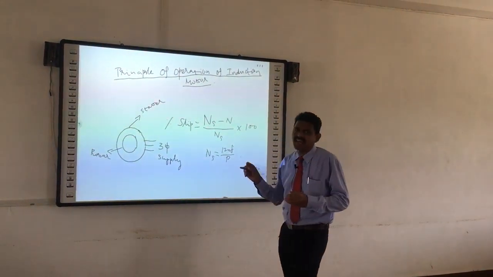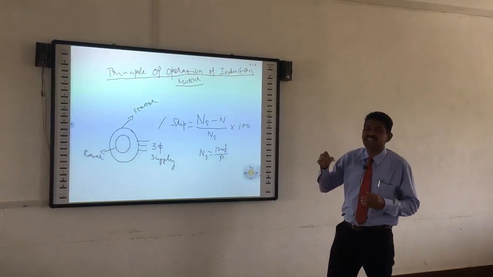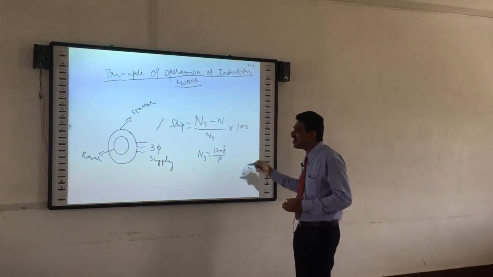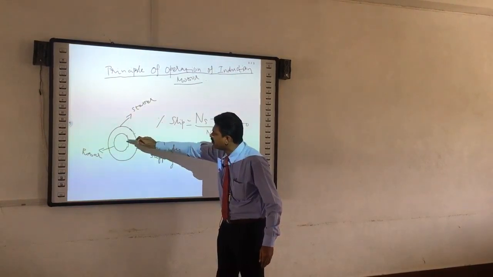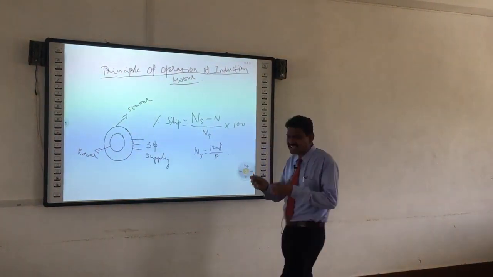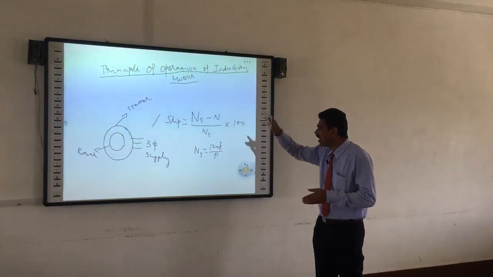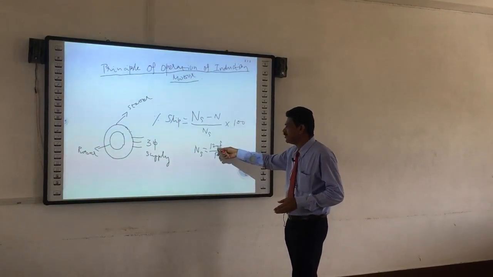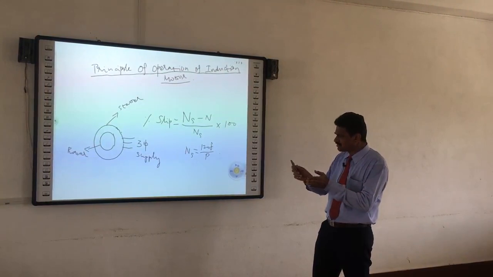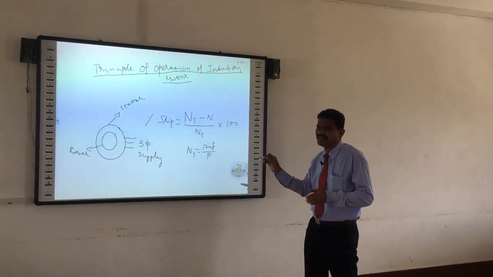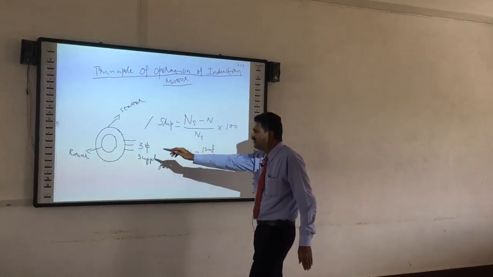Now as per Lenz's law, the current will oppose the cause producing it. Here the cause is the speed difference between the rotating magnetic field and the rotor speed. Since the rotor is stationary and the rotating magnetic field is rotating at 120 F by P, there is a speed difference between these two. Because of this speed difference only, current is produced in the rotor.